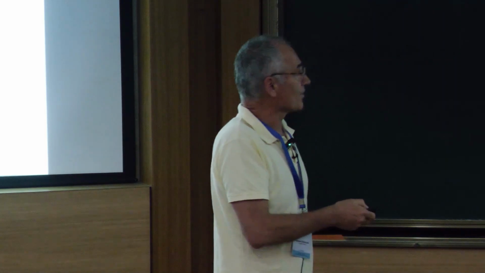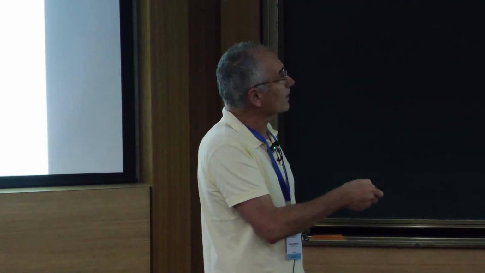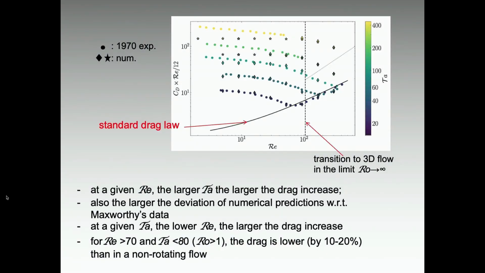fluid. Also, of course, if you look at the bullets, which are Maxworthy data, compared to our numerical data, which are the lozenges and the stars, you see that there is a nice, or very nice, agreement when the Taylor number is moderate, but as the Taylor number increases, so does the disagreement.